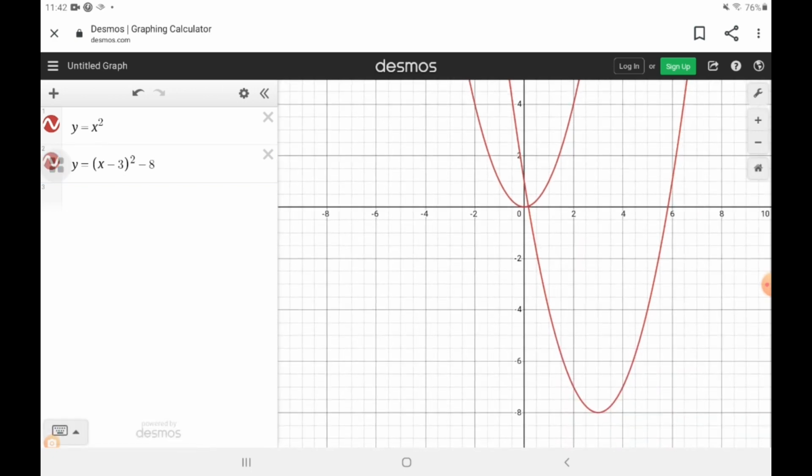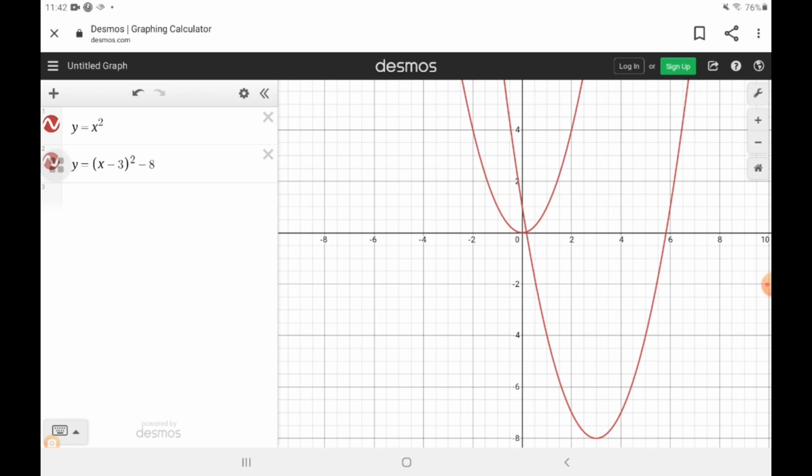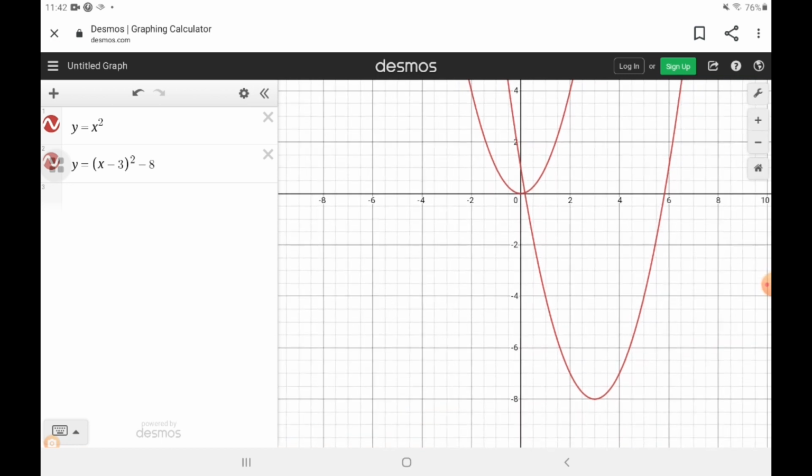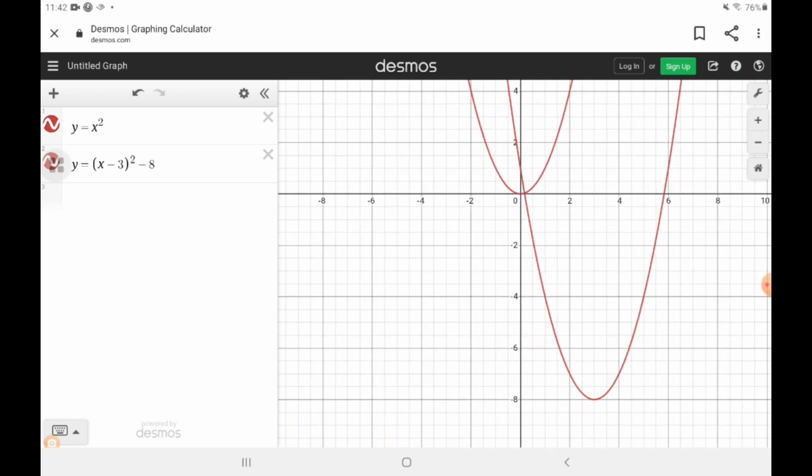You can see y is equal to x squared is shifted 3 units to the right and it is vertically shifted 8 units down. x minus 3 equated to 0 gives x is equal to 3, which means the graph is shifted 3 units to the right, and minus 8 represents it is vertically shifted 8 units down.